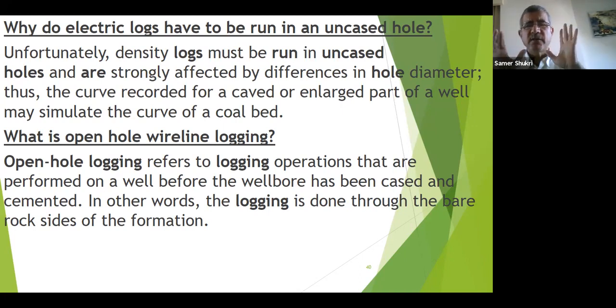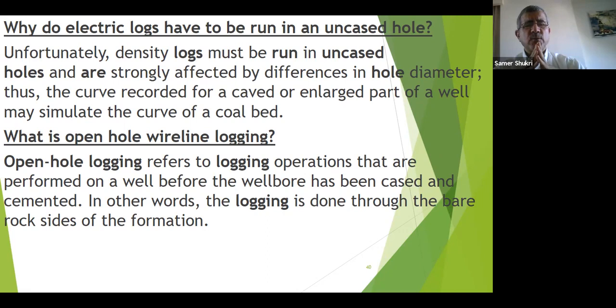Thus, the curve recorded for a cave or enlarged part of a well may simulate the curve of a pool bed. This type of log, density log, should have bare hole, not cased hole, because it is affected in this case.